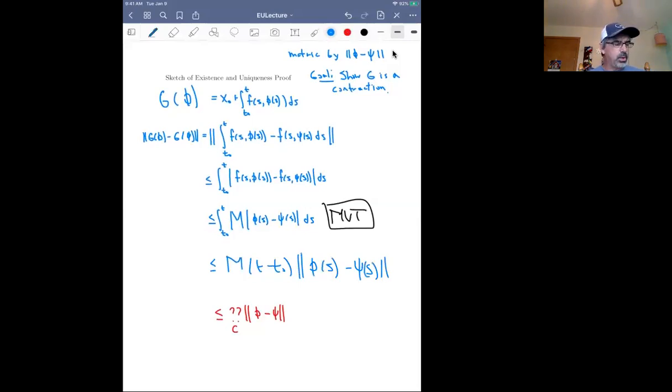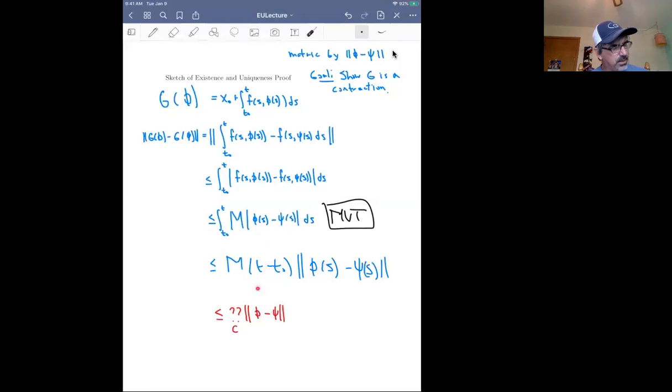And now look where I ended up in this line right here. It's almost the form that I want, right? I now have that g of phi minus g of psi is less than or equal to something times the distance between phi and psi, which is exactly what we want.